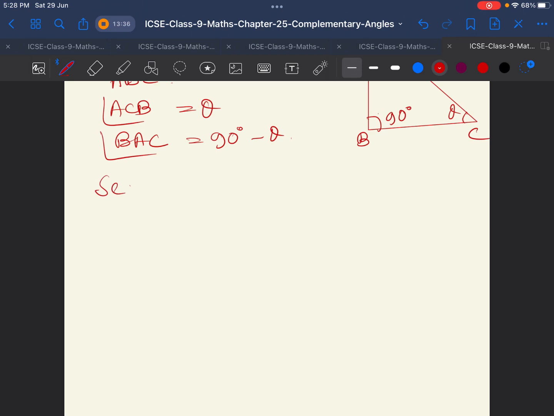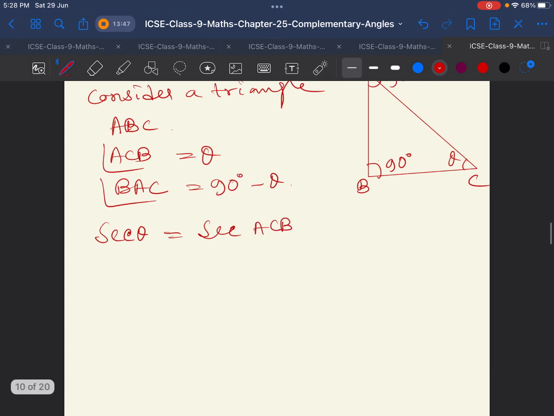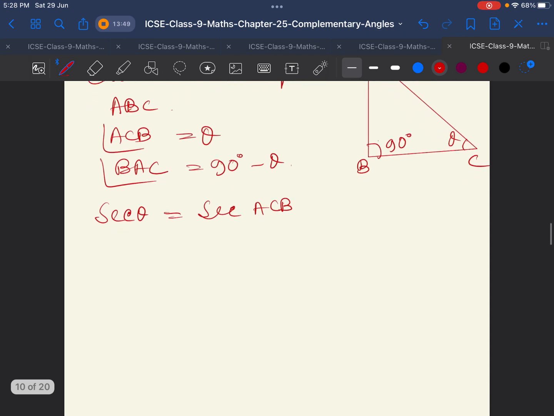Okay, so here you see sec theta equals sec of angle ACB.